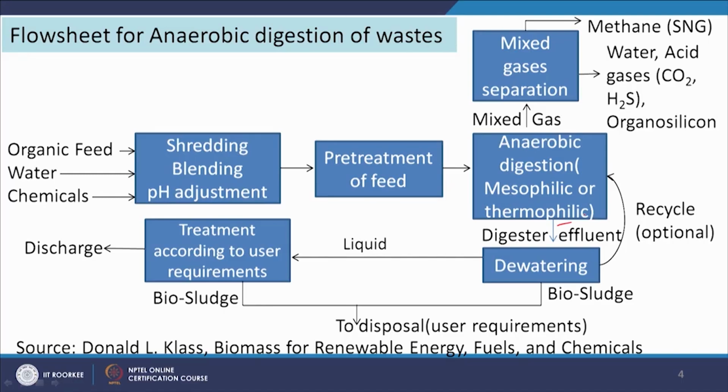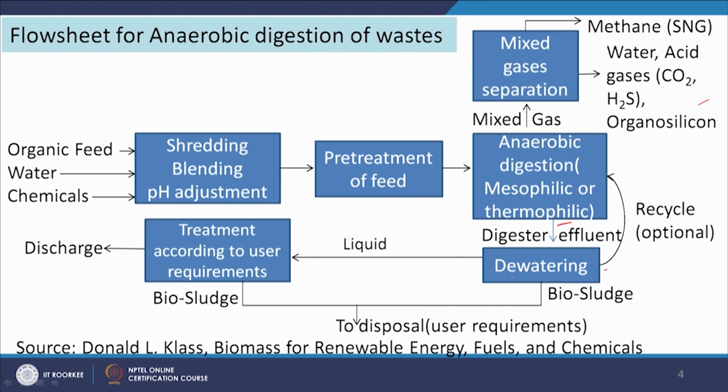So, the biogas production rate will be higher, and then after biogas production the biogas will go out of the reactor, and that will be purified and used for different applications. Then we have the digester effluent, which will be dewatered.